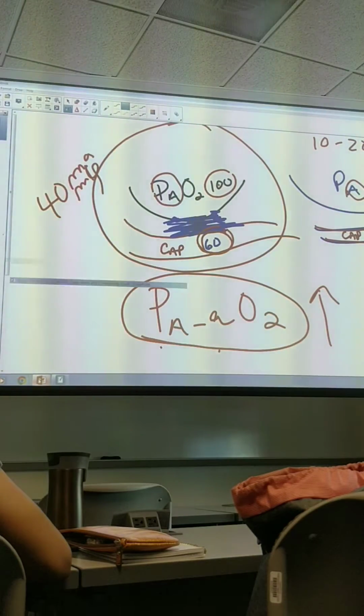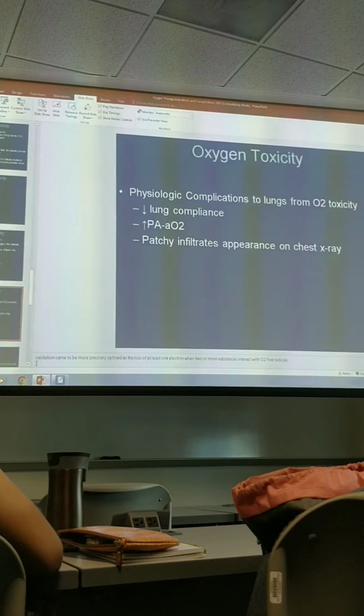No more than 10 to 20. Normal is 10 to 20. You're going to be responsible for that in about 2 weeks, in cardiopulmonary. So the A-a difference goes up. The partial pressure difference between the oxygen in the alveoli and the artery increases. That's what that means, okay?